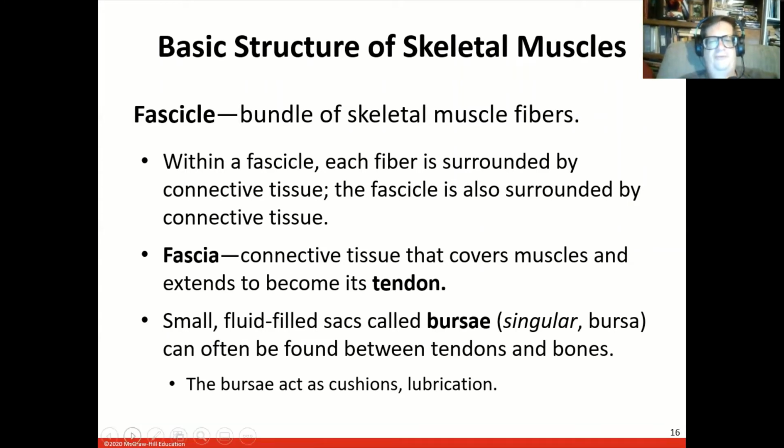You have little fluid-filled sacs called bursa that you can find between tendons and bones. It says here bursa act as cushions and lubrication. Totally true. What I always compare them to is the rope keepers that we used to use when we were rock climbing back when I was younger. I lived in Colorado, and if you were running a rope over a cliff, you didn't want it rubbing back and forth on the rock.